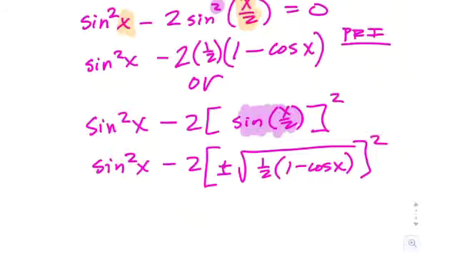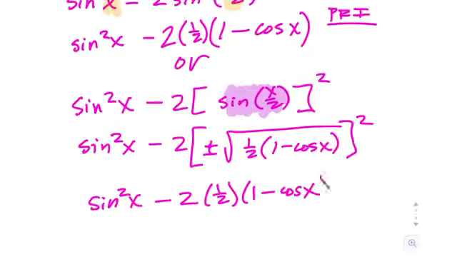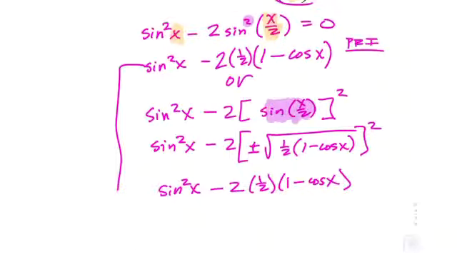It goes away, right? So you're left with just sine squared of x minus 2 times the radicand, 1/2 times 1 minus cosine x. And notice you get to the same thing. It's just a little bit more scenic and a lot more radical, right? Am I right?